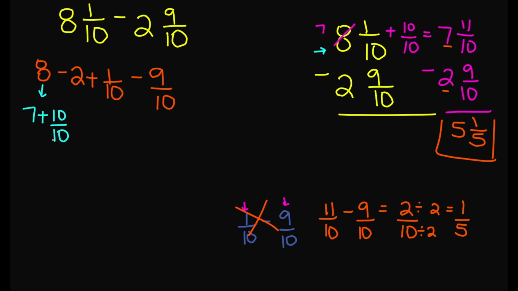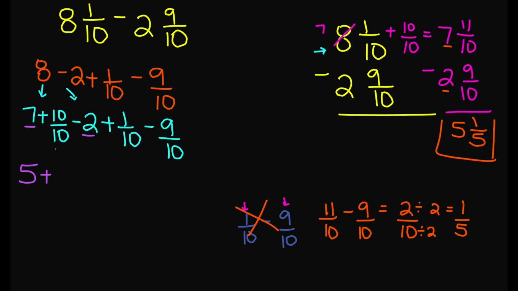And the reason I am rewriting this whole number is because we cannot subtract 9/10 from 1/10. So what I'm going to do is borrow from my whole number and rewrite my fraction. So now we have minus 2, which is here, and then plus 1 over 10, and then minus 9 over 10. So now we have 7 minus 2. This is going to equal 5.